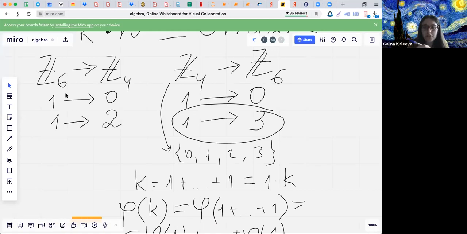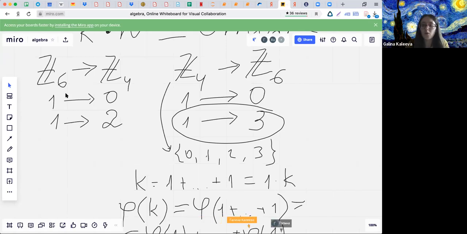The order of the generator is the number of elements, because we have to add some ones to each other and find the minimal m such that this sum, let it be Cm, equals 0.